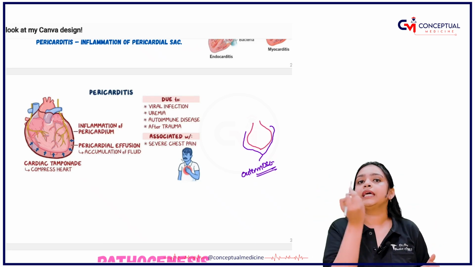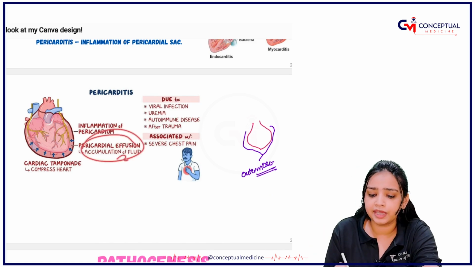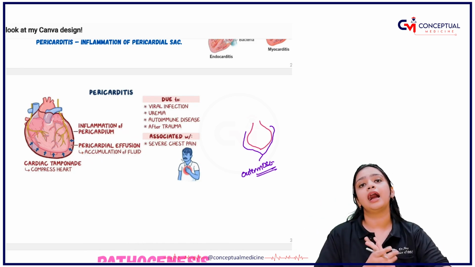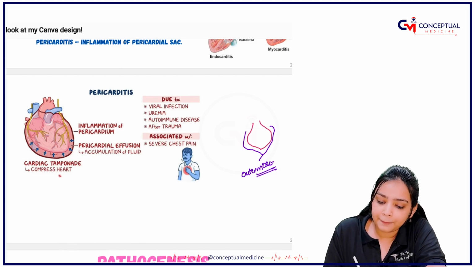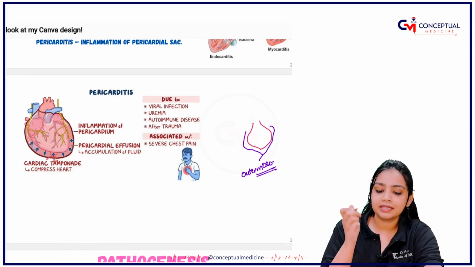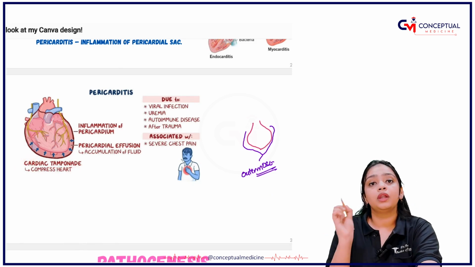The outer layer is getting inflamed. Why is it getting inflamed? Because there is an accumulation of fluid. As a result of which, what will happen now? The heart will be compressed and finally cause a condition called cardiac tamponade.